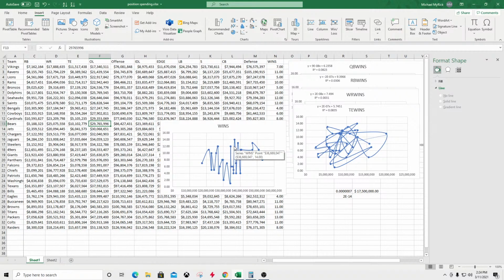All right. Look at the Ravens. 21 million, 11 wins.